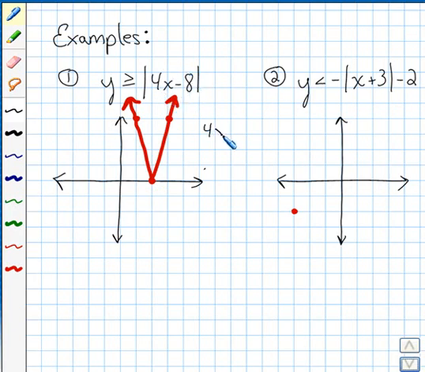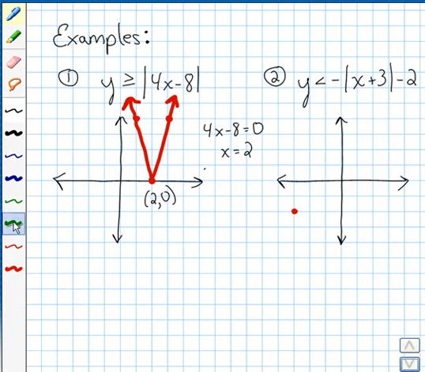So we're going to see where 4x minus 8 equals 0, and that would be at positive 2. So you can see the vertex at 2 and a distance of 0. Now notice again, slope would be 4. So one side of the graph will go up 4 and over 1. The other side will be a reflection, and it will have a slope down 4 and over 1, or the opposite slope of negative 4.